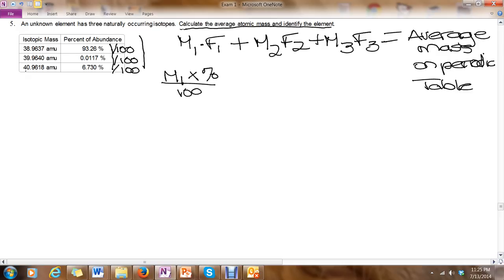The mass of the isotope 1, let's say this is 1, this is 2, and this is 3. Isotope 1 is 38.9637 AMU. Remember, AMU is the same as the atomic weight of the element on the periodic table, and it is the same as grams per mole. It's just the conversion.